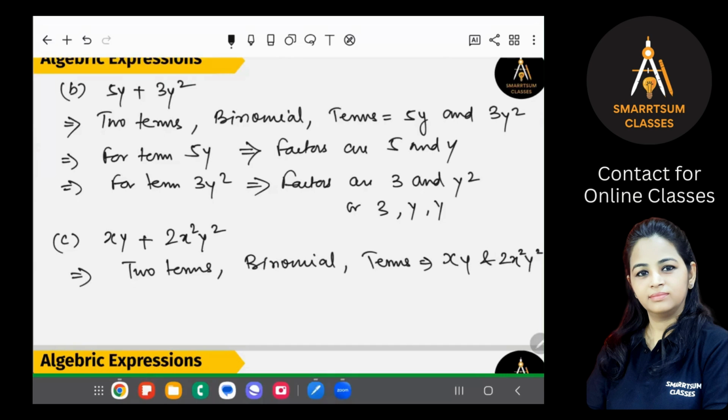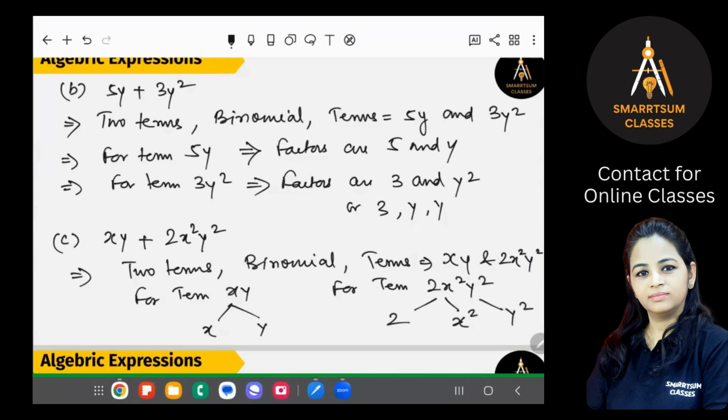Now for the term xy, the factors are x and y. Now for the term 2x square y square, what are the factors? 2, x square and y square. So x square and y square are the literal factors, where 2 is the constant factor. So in this way, we can find out the number of terms, and for each and every term, we can find out the different factors. Is that clear to you?